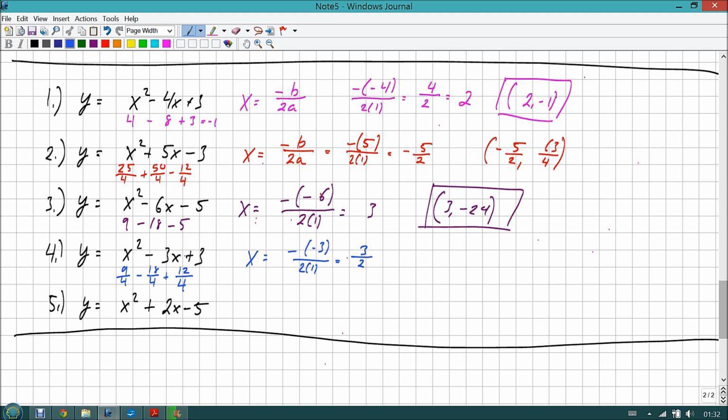See, 9 minus 18 is negative 9 plus 12. 12 minus 9 is 3, so this gives me 3/4. So my vertex would be at 3 halves, 3/4.